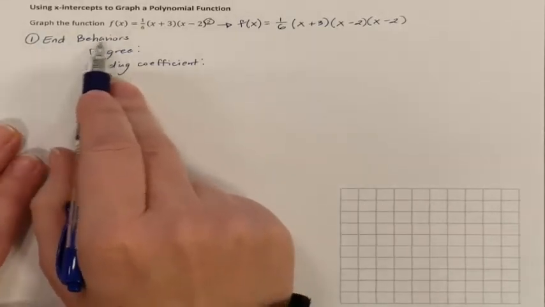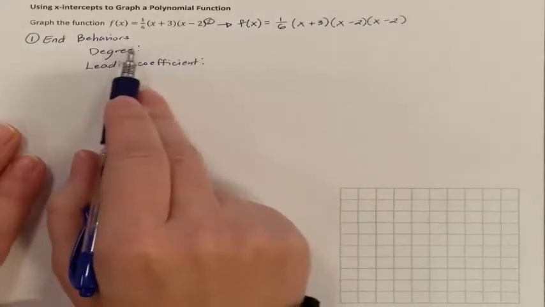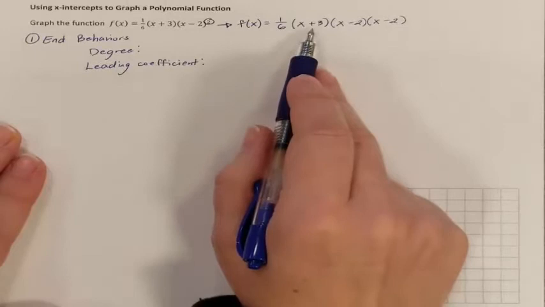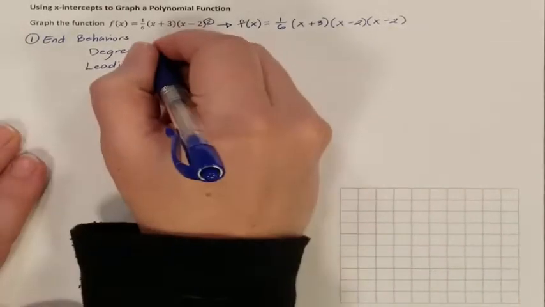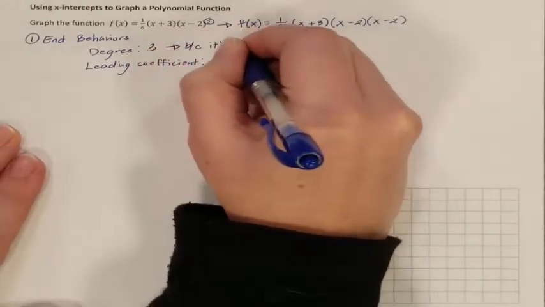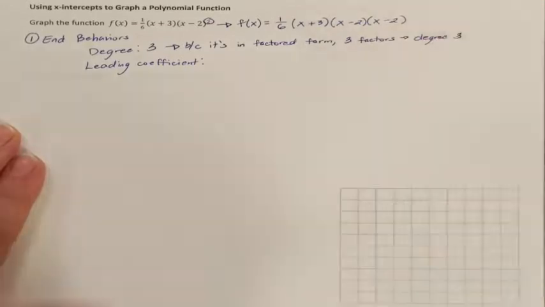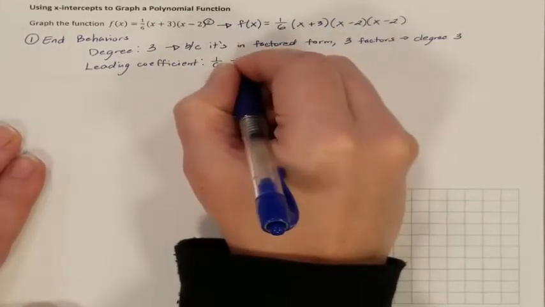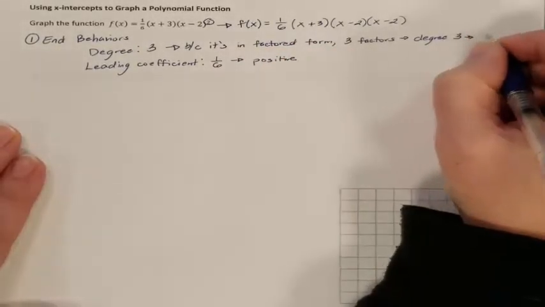Remember, your degree also told you how many solutions you would have found, which would also tell us how many factors we would have had. Because I see 3 factors, I know that my degree is 3. My leading coefficient is the 1/6. 1/6 is a positive number. Degree of 3 means I have an odd degree.